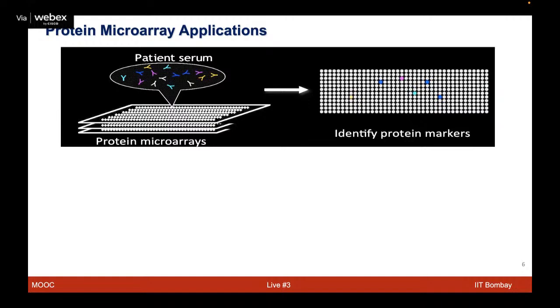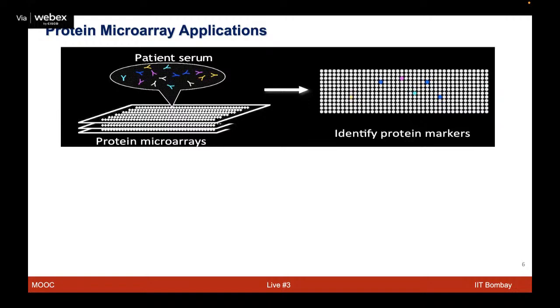So a typical protein microarray involves all the proteins of a given organism or any entity printed on the chip in a very high-density format. But think about DNA versus protein. It is not very straightforward. We have to think about all the challenges of keeping the protein intact and printing the protein properly. So there are many challenges, but still protein microarrays are made for different organisms and for human.